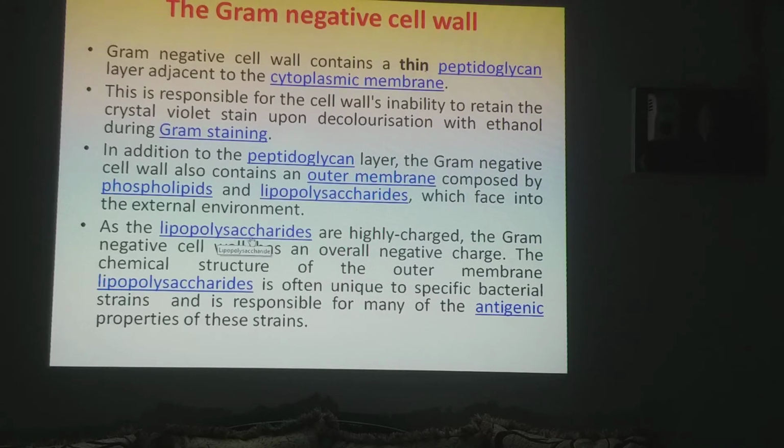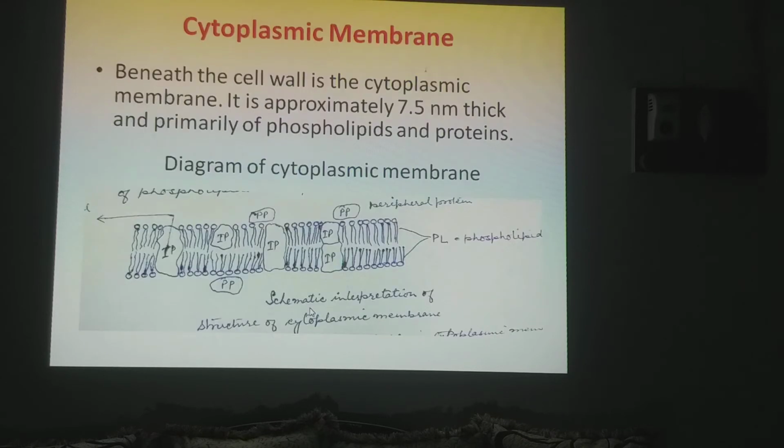As lipopolysaccharides are highly charged, the gram-negative cell wall has an overall negative charge on that layer. This is often unique to specific bacterial strains and is responsible for many of the antigenic properties of the strain. So this outer membrane provides protection against antigenic material.